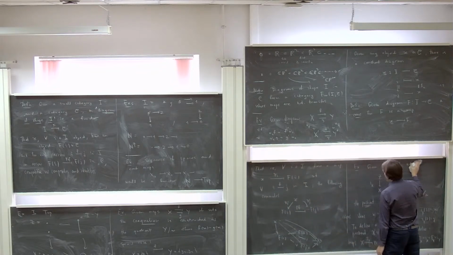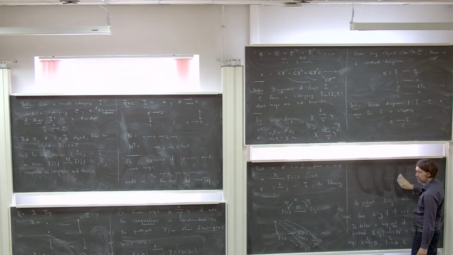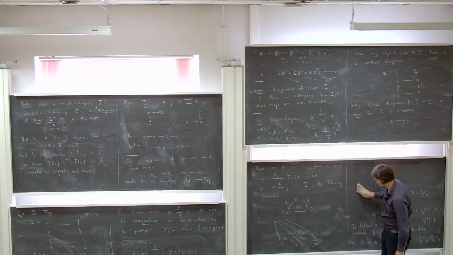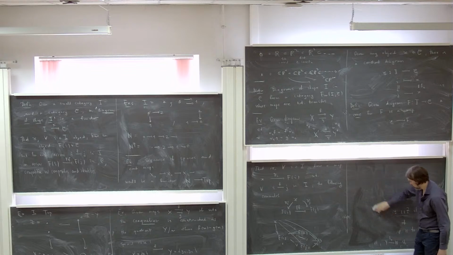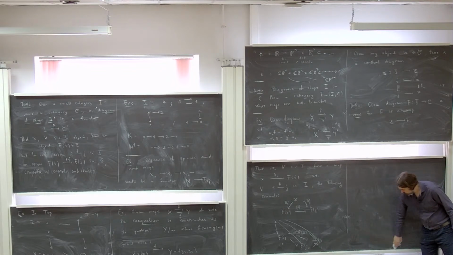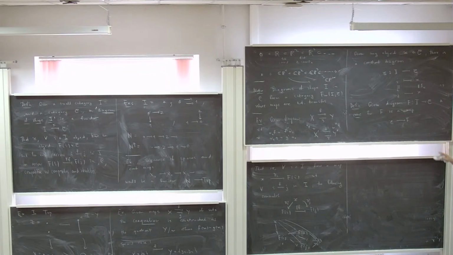And a cocone is just the dual. It's a natural transformation from the constant functor to F. And X can vary, so there are many potential cones.